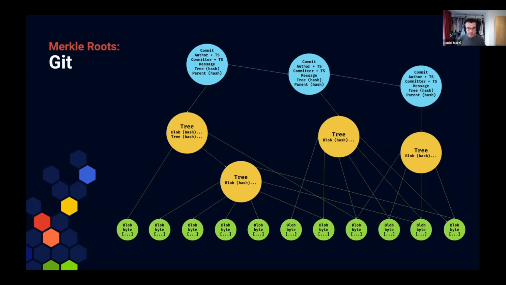The best example here is Git. Most developers are familiar with Git, and Git is a Merkle DAG in a way. You can think of the raw blobs of bytes at the bottom layer, the leaves, and these could be, for example, files. On top of them, you have directories, which Git calls trees, but you can think of them as directories like in IPFS.